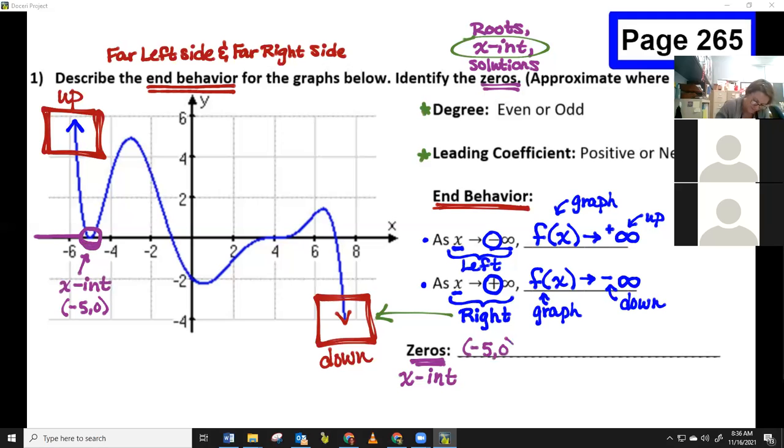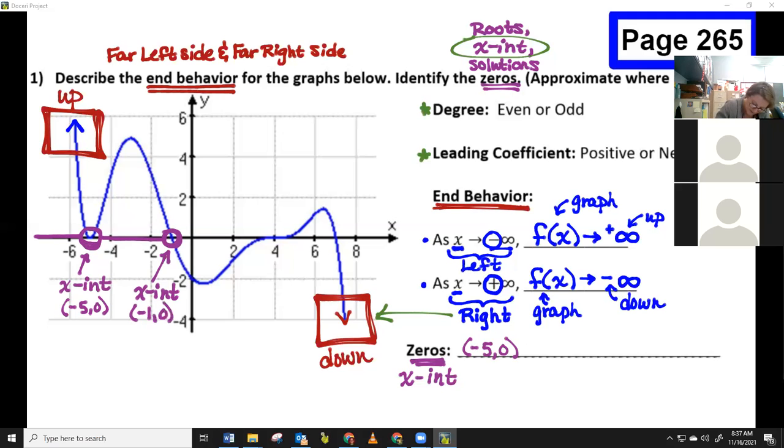-5, 0. All right, now I'm going to keep tracing along the x-axis here. I'm going to take my pen over, and right here, we have another spot where it's touching or crossing. So another x-intercept. This one's in between -2 and the y-axis. What do you think that ordered pair would be? -1, 0.